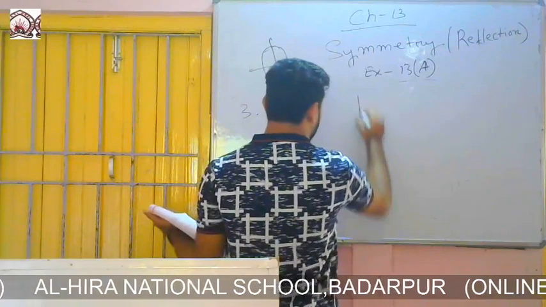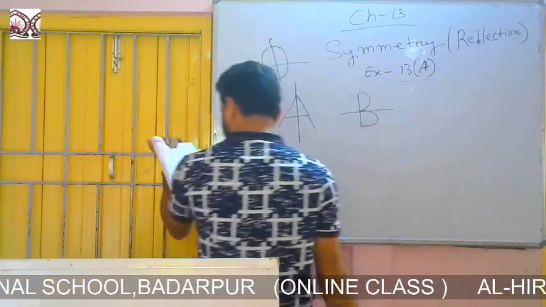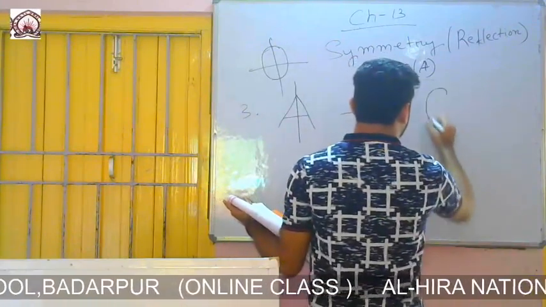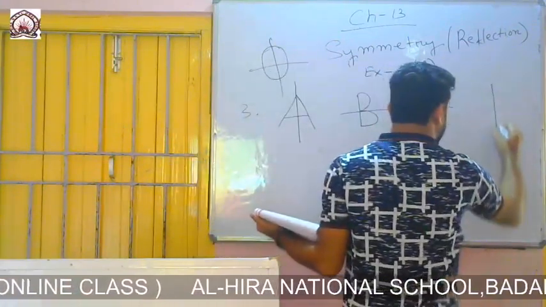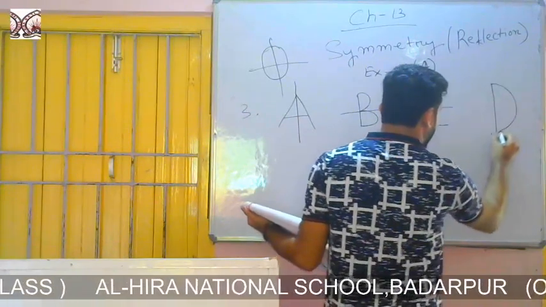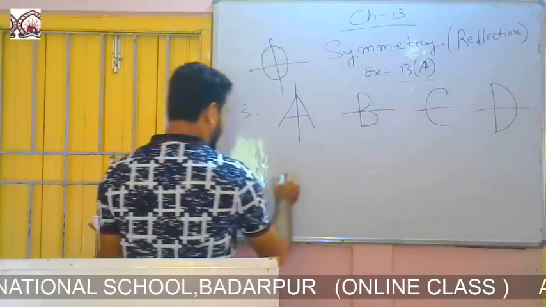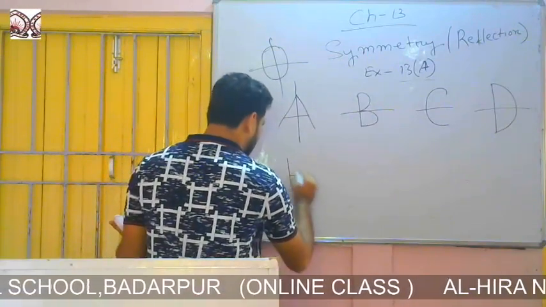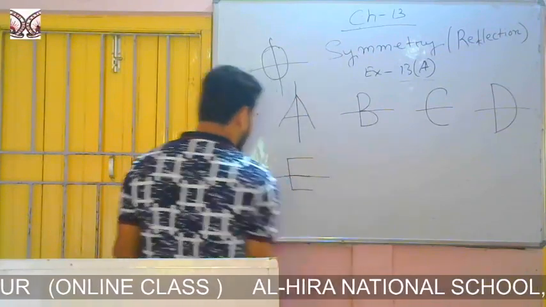Then B like this I can give, and C like this. Okay, D horizontally I can divide. E also I can divide only by this horizontally.